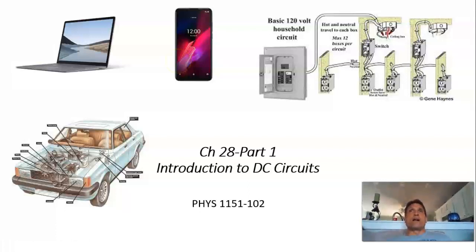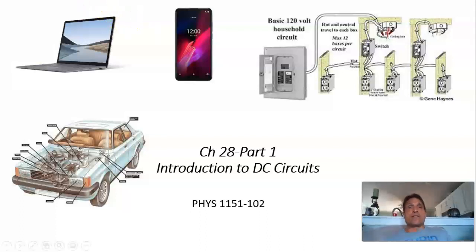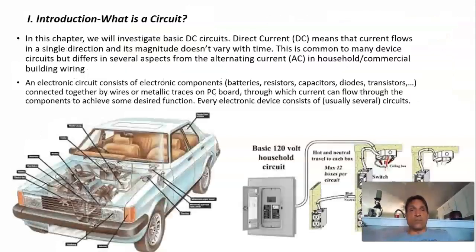That power supply converts AC, alternating current, at 120 volts to DC at 5 volts for most of your digital electronics. So in this chapter, we're going to start off a little simpler with circuits that use DC, or direct current, and we'll get to AC later.